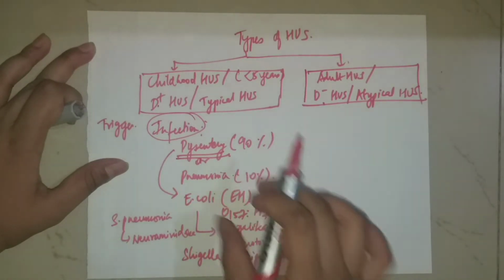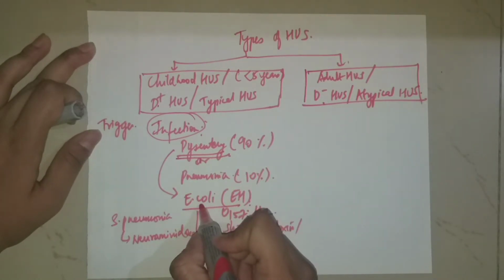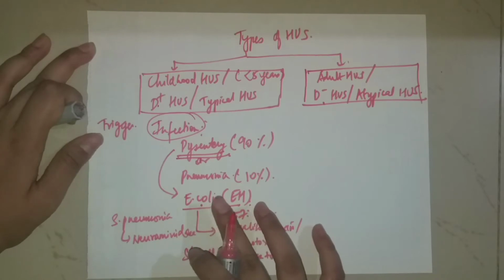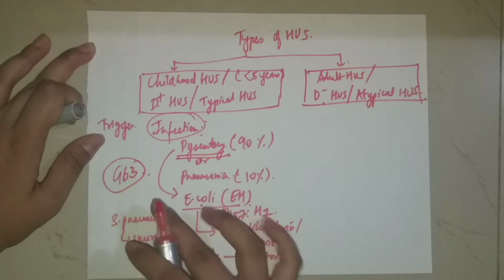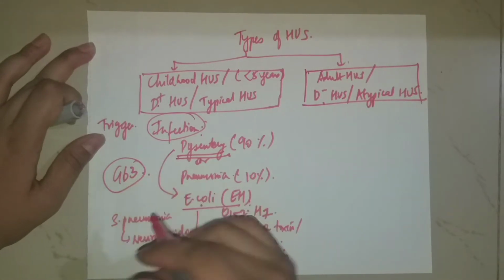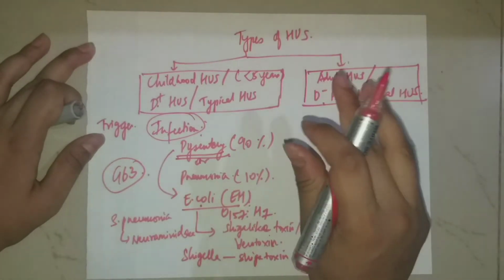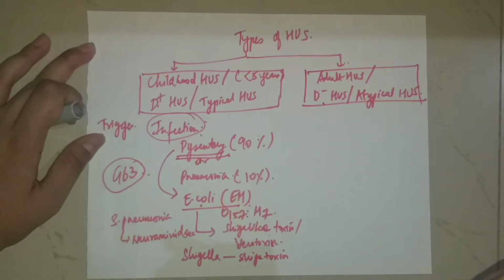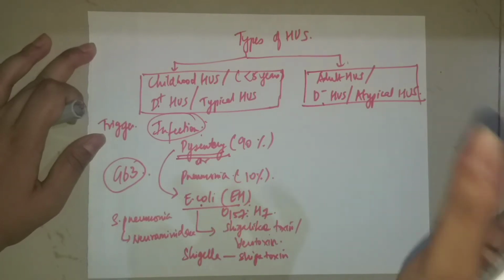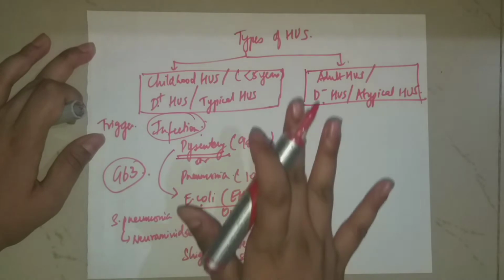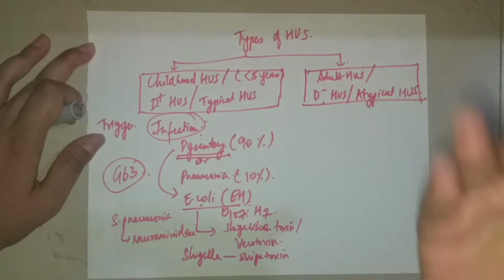Most of these toxins, especially in enterohemorrhagic E. coli, have an affinity for a membrane protein called GB3, and this protein is found to be mostly present in renal epithelial or endothelial cells mainly, and also in the vasculature of the brain. So that is why it mostly causes endothelial injury in these areas, and hence it causes HUS.